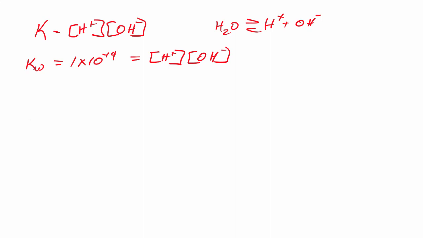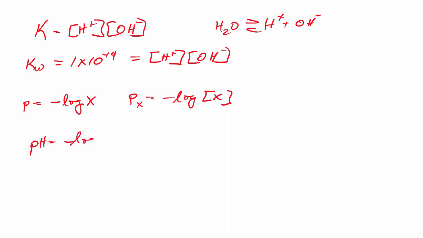Now, with this Kw, I'm going to show you p. p is a mathematical term meaning negative log of something. If I go pX, that means it's the minus log of the concentration of X. So pH is defined as the negative log of the concentration of H+, while pOH is equal to the minus log of the concentration of OH-.